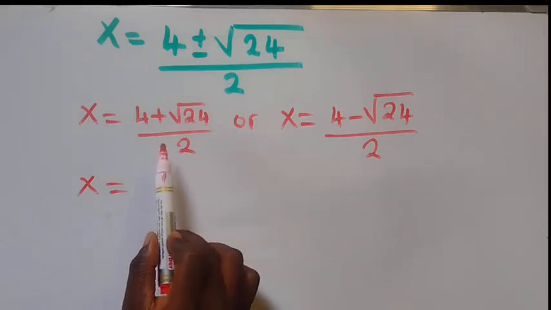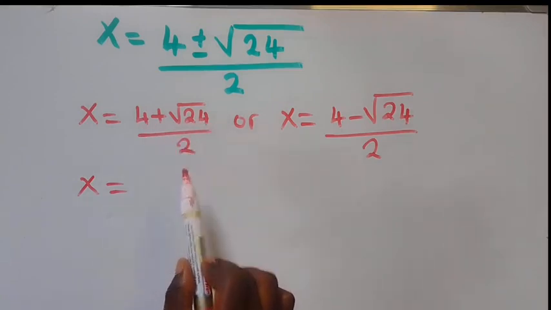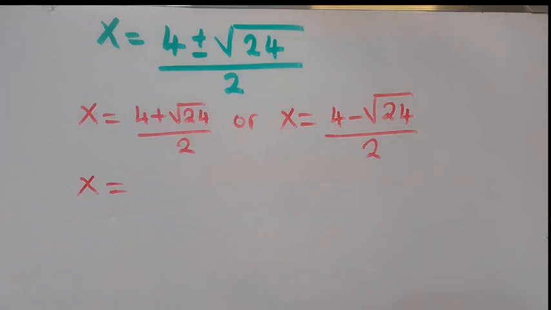Just get your calculator, add 4 plus the square root of 24 divided by 2, and see the value that you are going to get. I'll use my calculator. Make sure that you are also punching on your calculator so that we get the same values. I might make a mistake as I'm punching, so follow through.